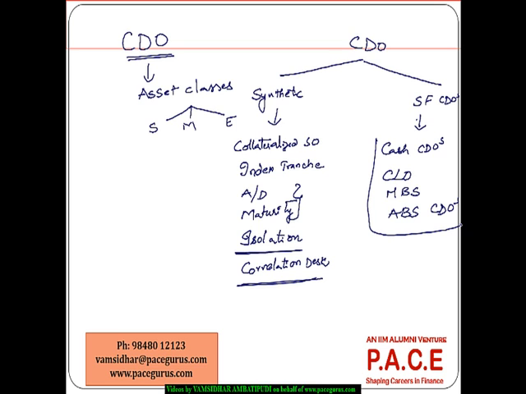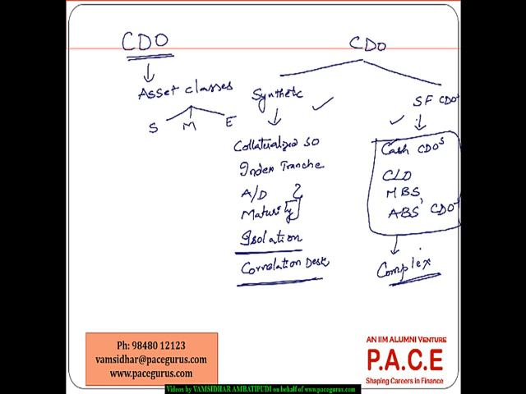So there could be different such kinds of structures. The major difference between these structures and the traditional synthetic is the structure of them and the tranche losses that could occur by a very complex mechanism here.